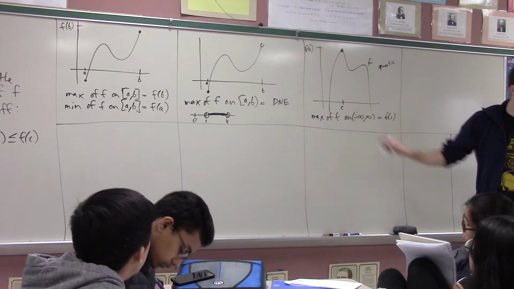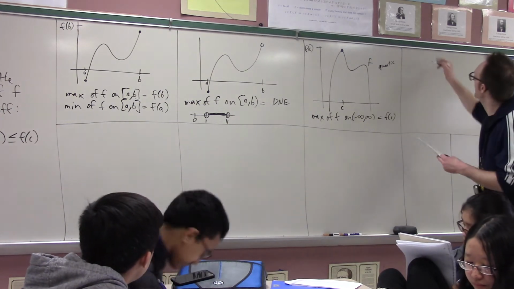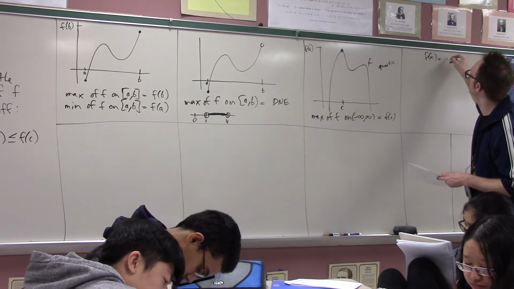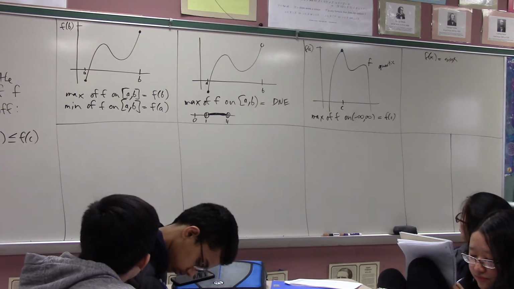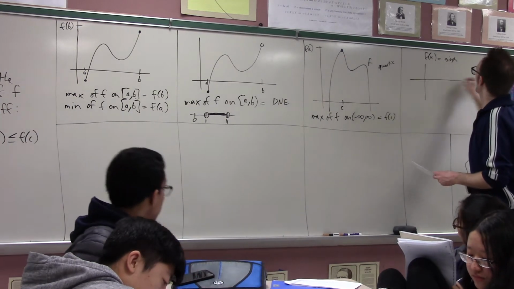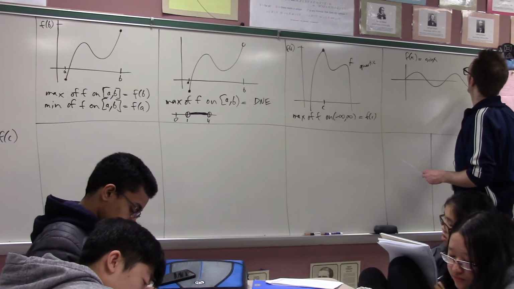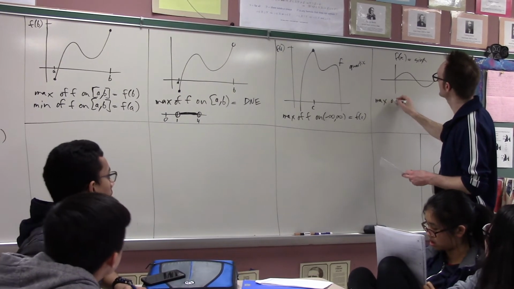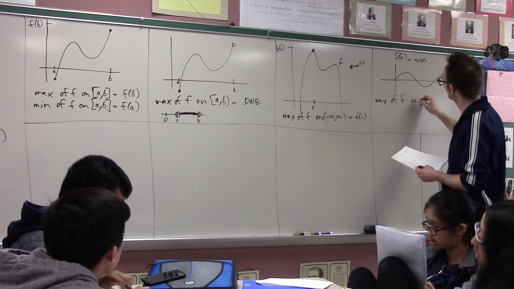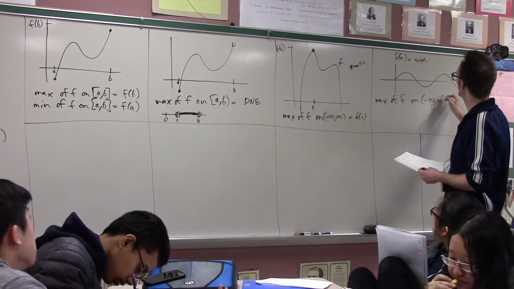That's a legit thing. Okay, I've got another slightly subtle issue. What if I take the sine function, and we all know what that looks like. Now I'll ask the question, what is the max of the sine function on the interval from negative infinity to infinity?